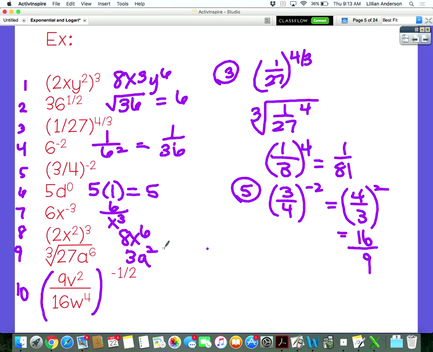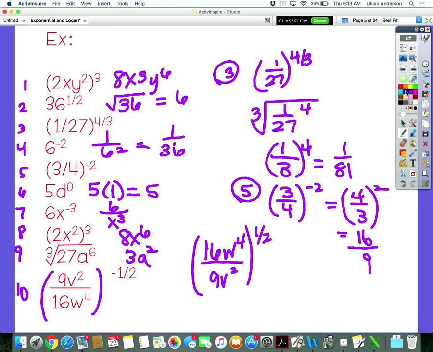And the last one, you got to do a couple of things. Not only does negative mean flip it, but we also have to take the square root of it. So we need to flip it, and then the 1/2 means we're going to take the square root.